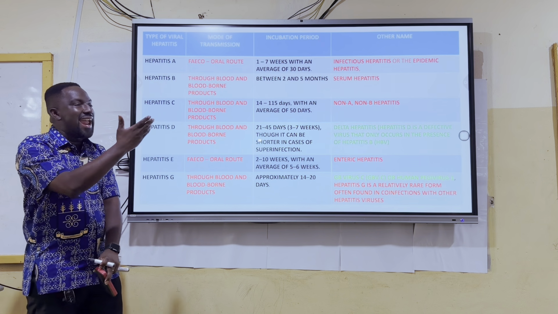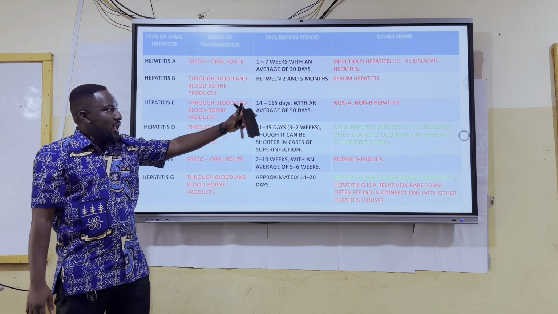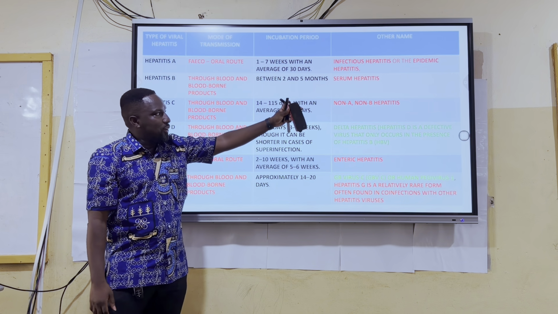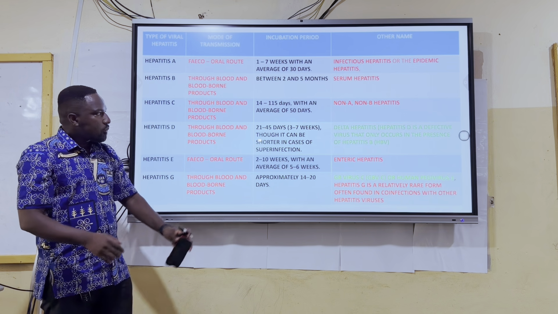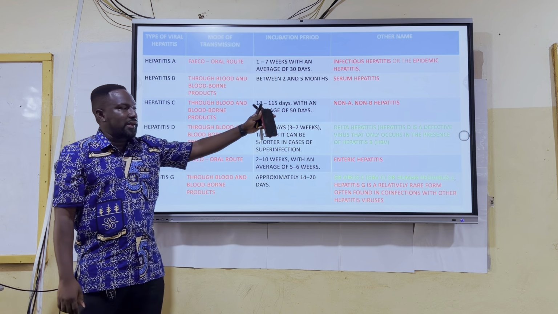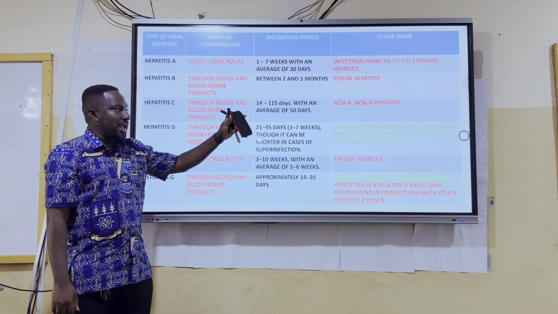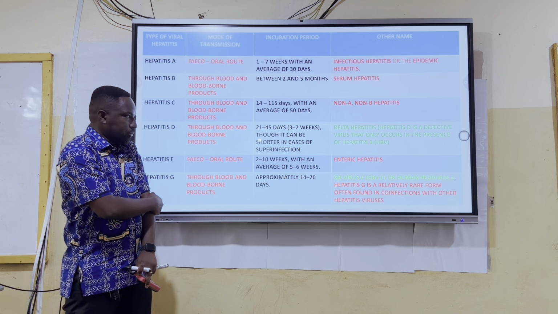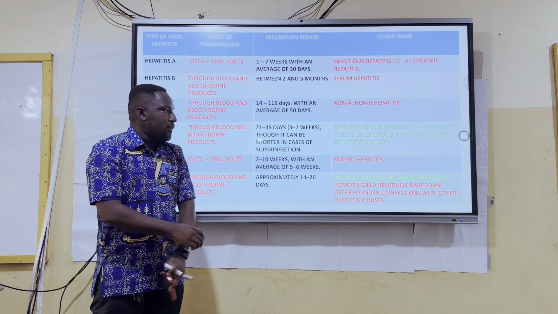What are the other names of the viral hepatitis? Hepatitis A can also be described as infectious hepatitis or epidemic hepatitis. Hepatitis B is also known as serum hepatitis. Hepatitis C is the non-A, non-B hepatitis. And hepatitis D is also known as delta hepatitis.